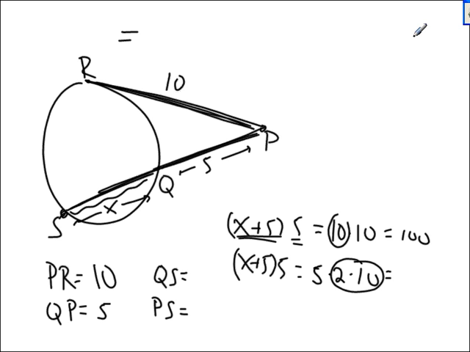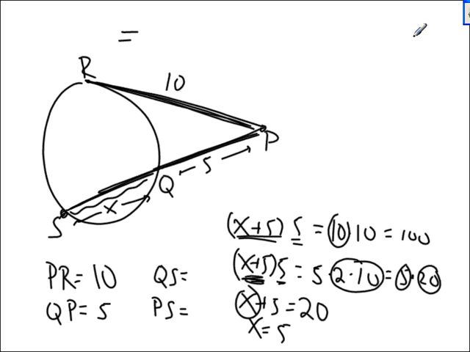Well, this is 20. 5 times 20 is 100. X plus 5 must be 20. Well, 15 plus 5 is 20. So x is 15. Well, what does x represent?